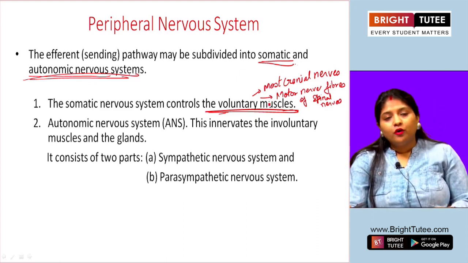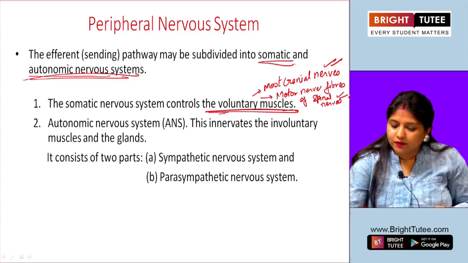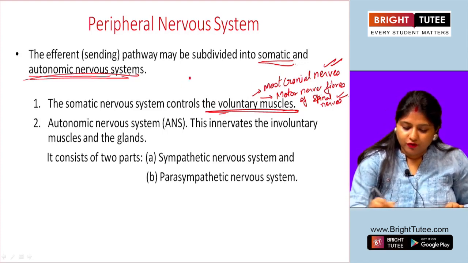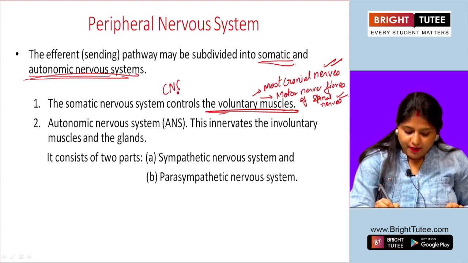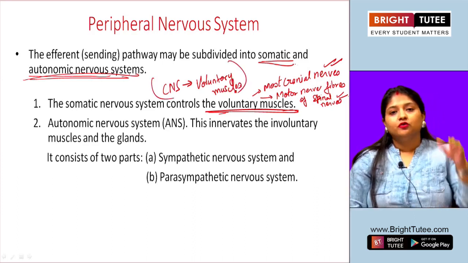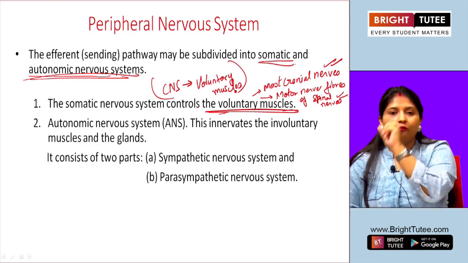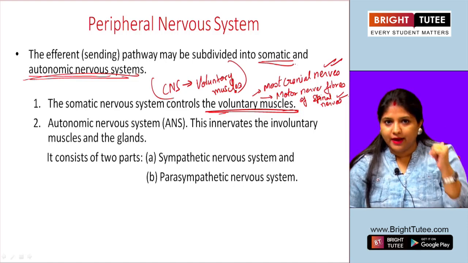Now, both of these nerves, that is the cranial nerves and these motor nerves, they carry the information from the CNS to the voluntary muscles. So this is how it functions, right? So it carries the information from the central nervous system to the voluntary muscles to perform a certain action.